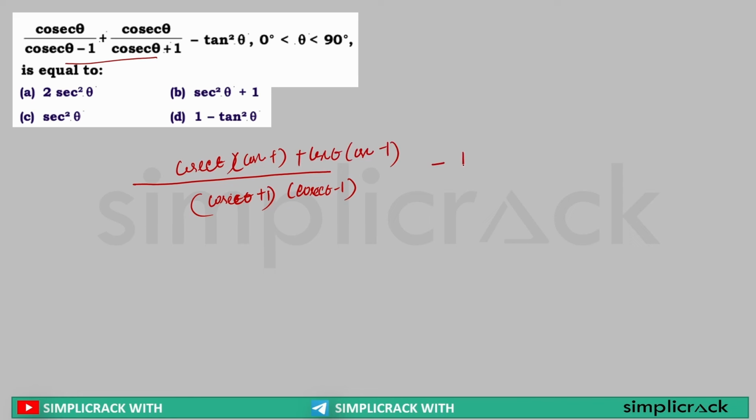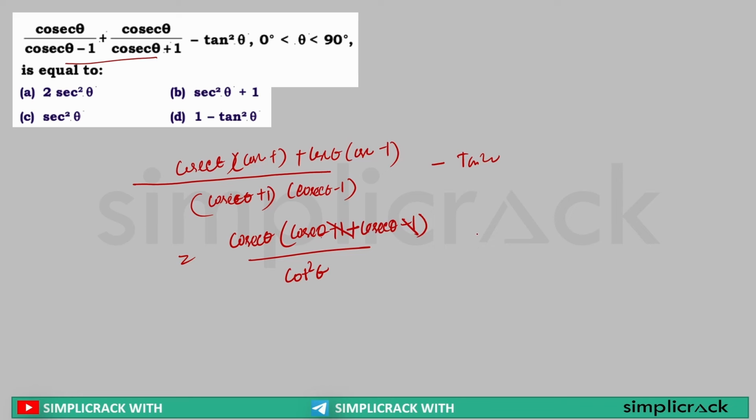Minus tan square theta. This whole thing is equal to cosec square minus 1, which is equal to cot square theta. If I take cosec theta common, it will be cosec theta into cosec theta plus 1 plus cosec theta minus 1, the 1s crossed out.